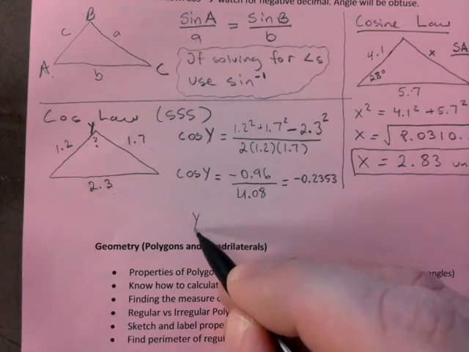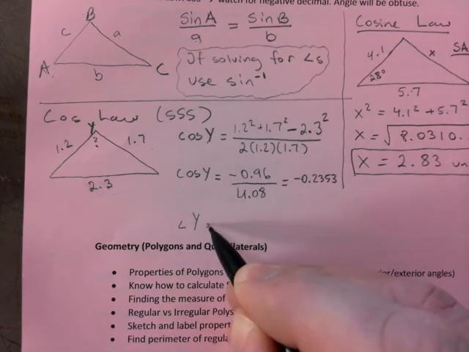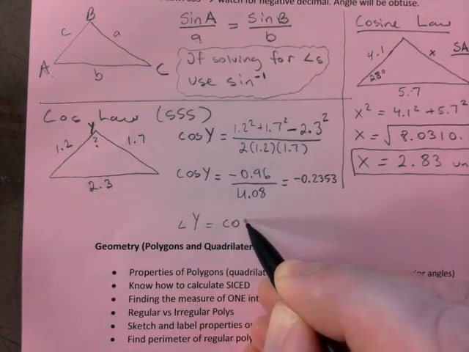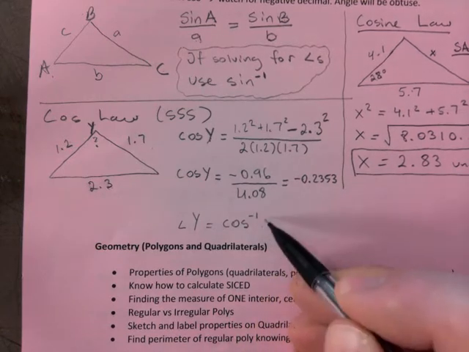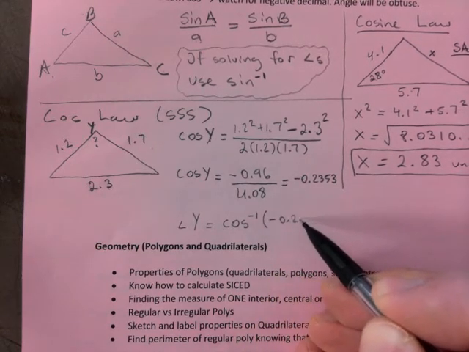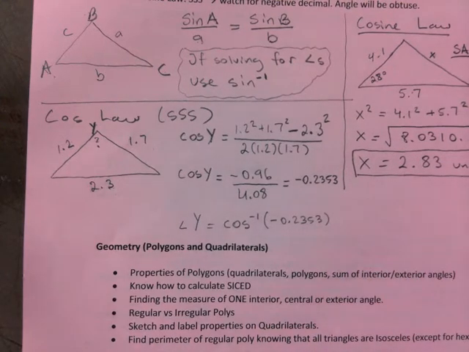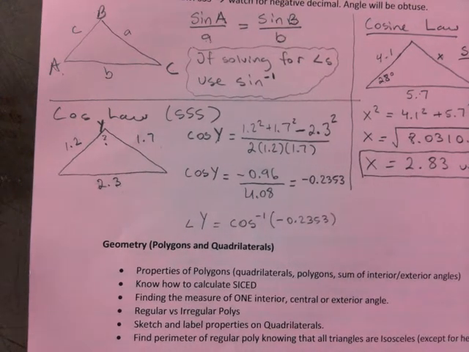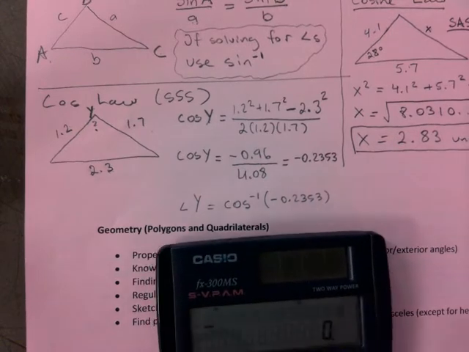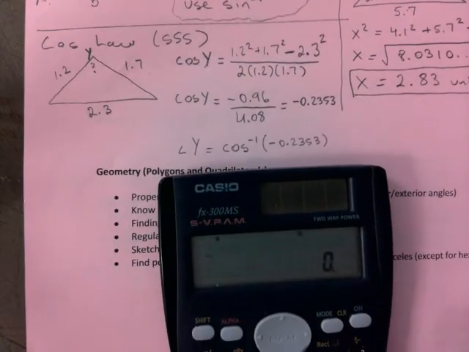So angle Y, right? Remember, if you're trying to find an angle, you have to use the inverse of that. And here it is. Oh, I should have used, oh well, it's too late. I erased it. Cosine inverse of negative 0.2353.